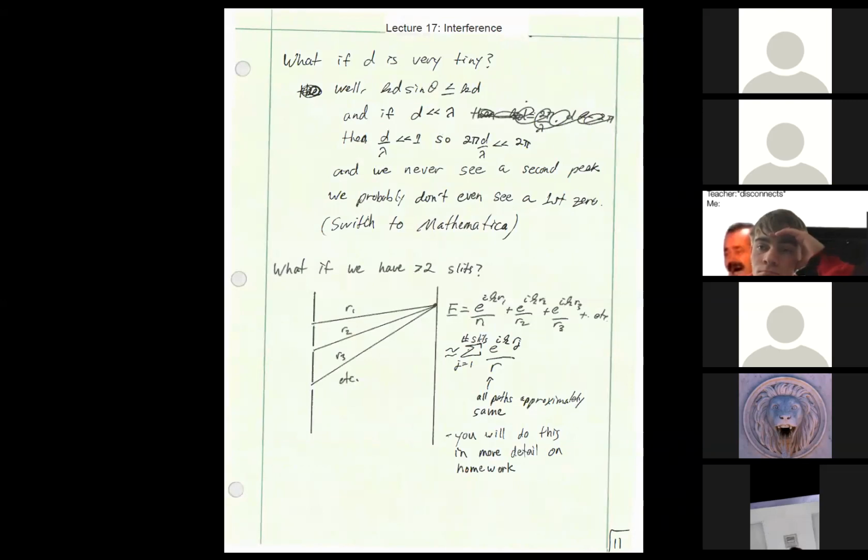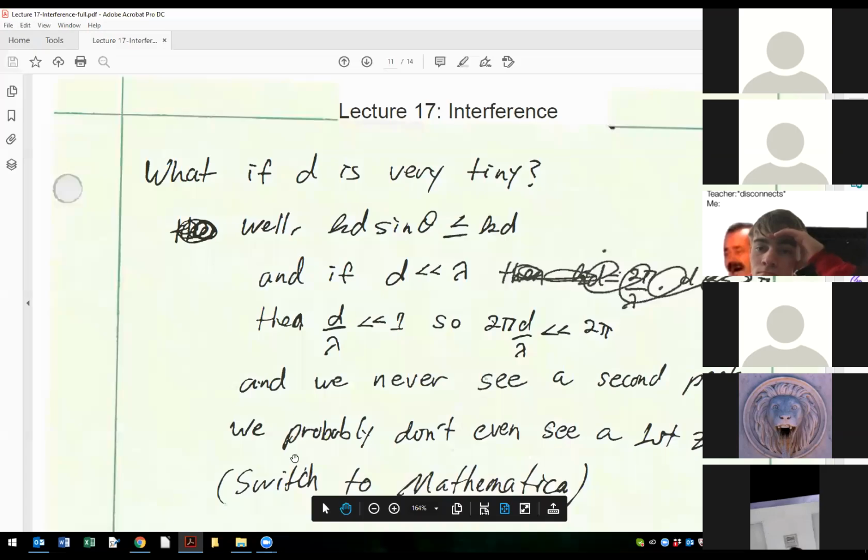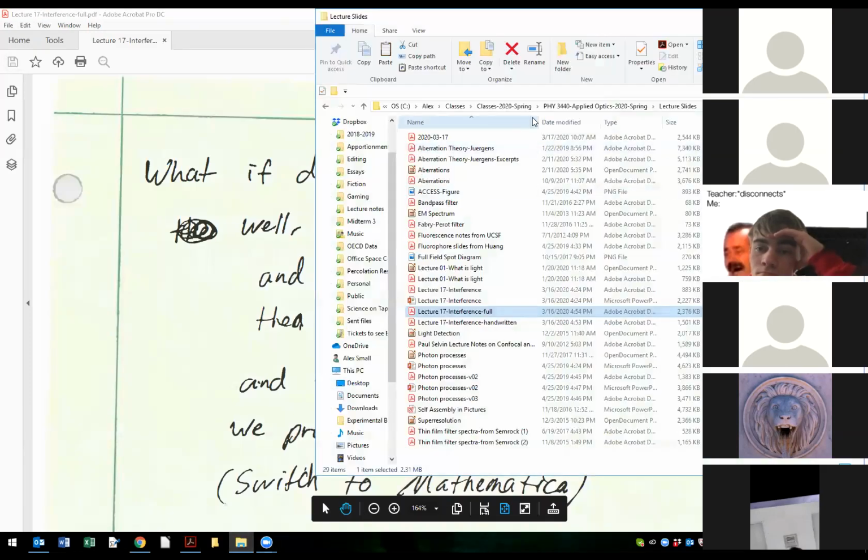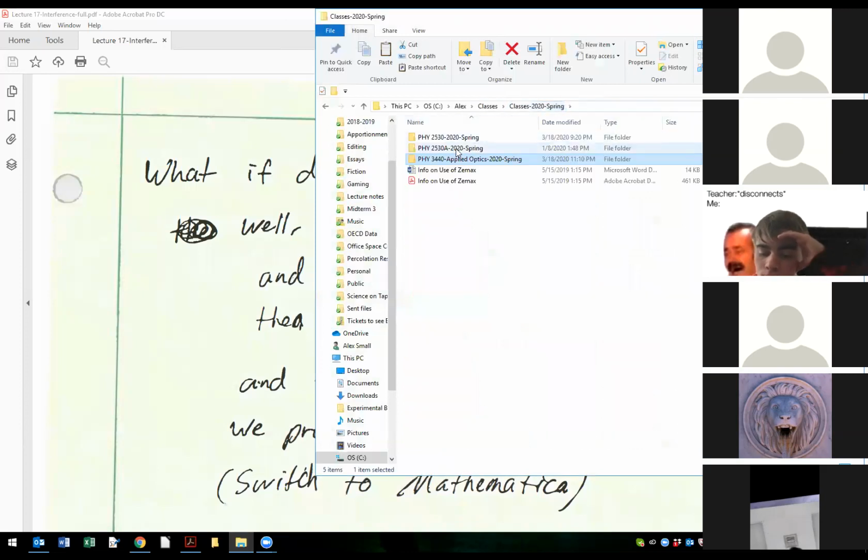So we're going to be taking the cosine of something that is very, very small. And the cosine of something that's very, very small will never reach even 0, let alone -1. So let me illustrate that in a Mathematica file. I'm going to switch gears for a moment.